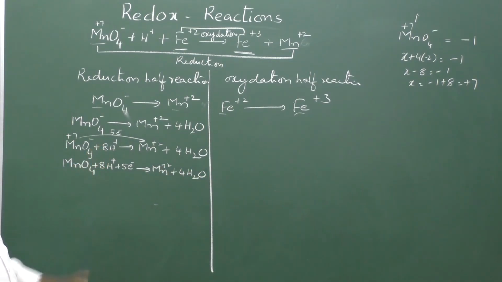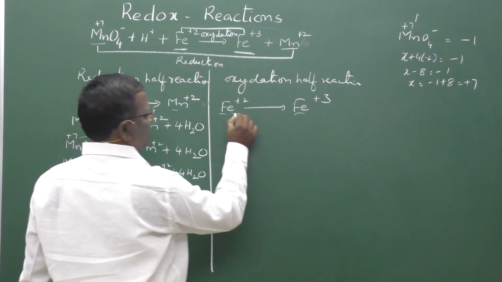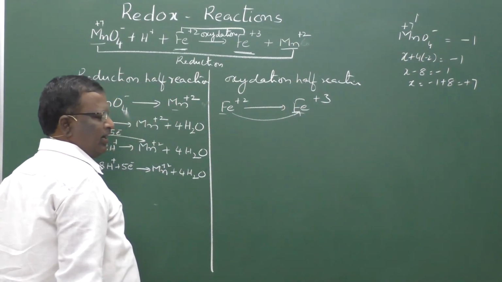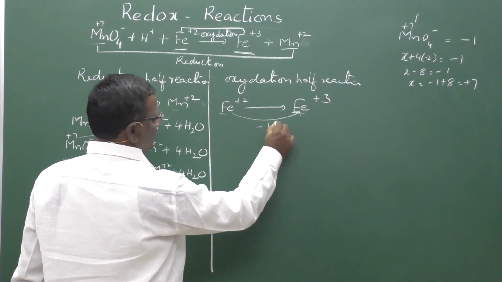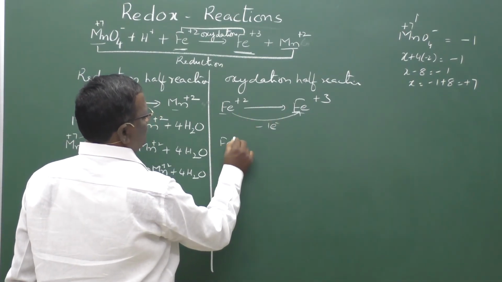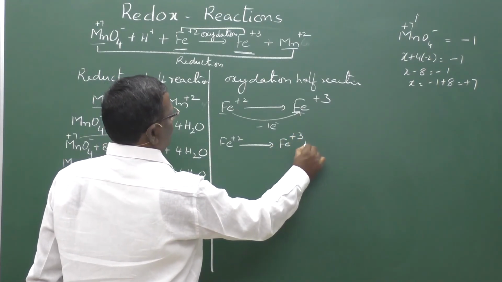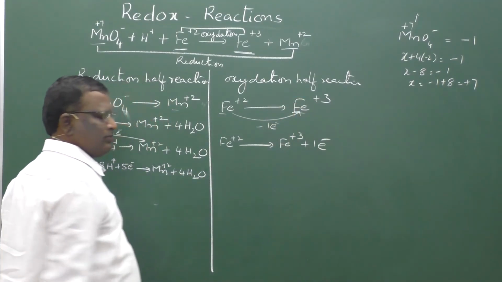Now in the other half reaction, plus 2 charge is converted into plus 3 charge. This is possible only when one electron is released. So Fe plus 2 gives Fe plus 3 plus 1e minus.